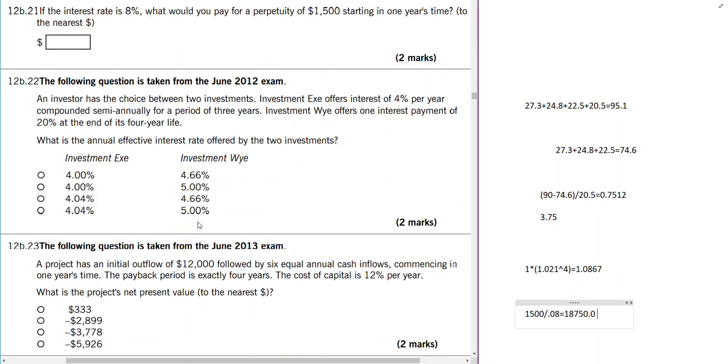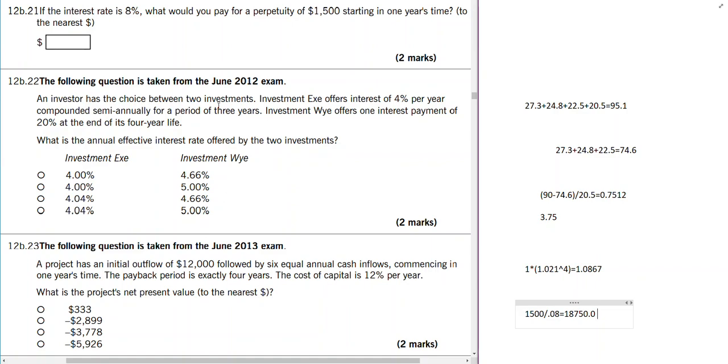What is the annual effective interest rate offered by 2 investments? An investor has a choice between 2 investments. Investment X offers interest of 4% per year, compounded semi-annually for a period of 3 years. Semi-annually means every 6 months.